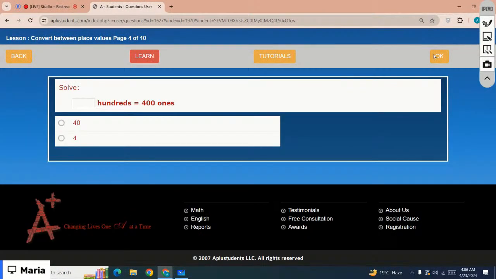Sorry, 400 ones equal how many hundreds? The correct option is 4 hundreds. The correct option is 4.